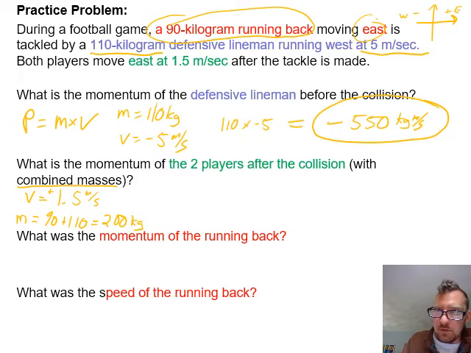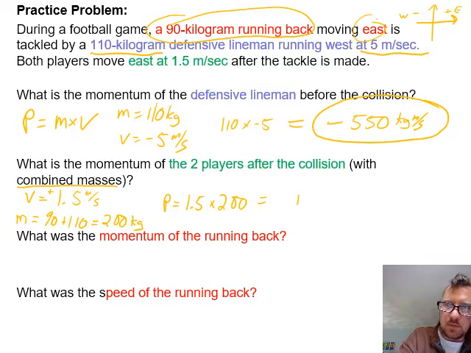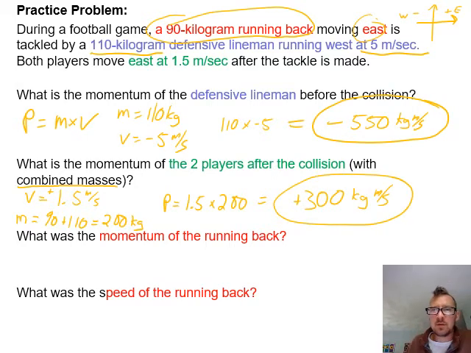Masses don't have a direction, it's just mass. So the momentum of the two of them is going to be their combined velocity of 1.5 times their combined masses of 200, which should be something like positive 300 kilogram meters per second. Okay, so defensive lineman has negative momentum.